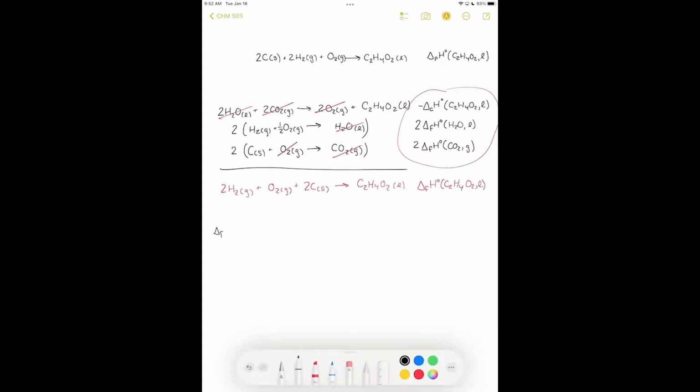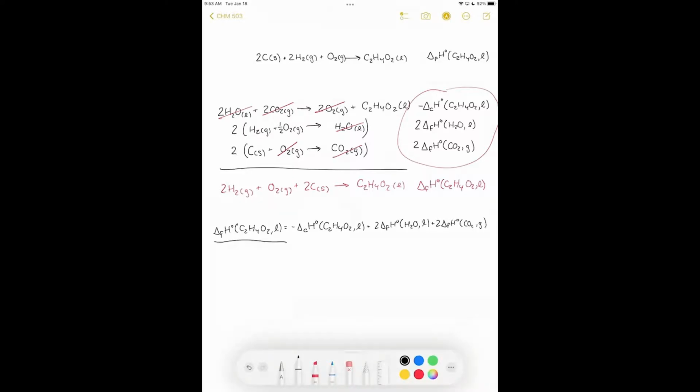I'll write that delta formation H naught of C2H4O2, so liquid acetic acid, is equal to the negative delta combustion H of our liquid acetic acid, plus 2 times the enthalpy of formation of liquid water, plus 2 times the enthalpy of formation of gaseous carbon dioxide.